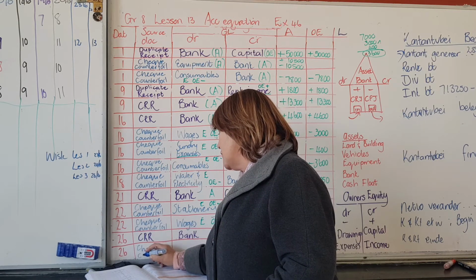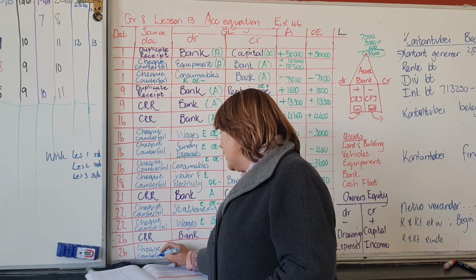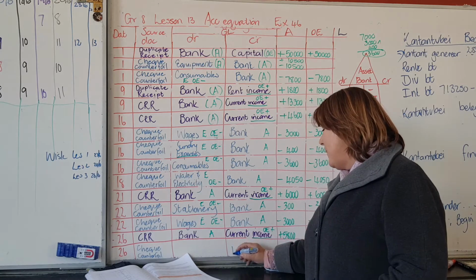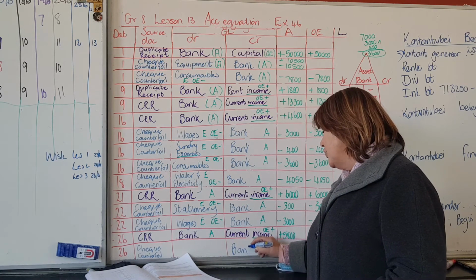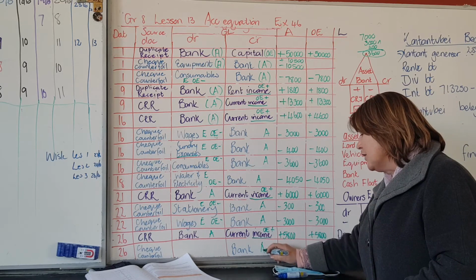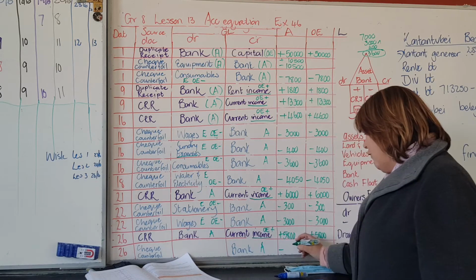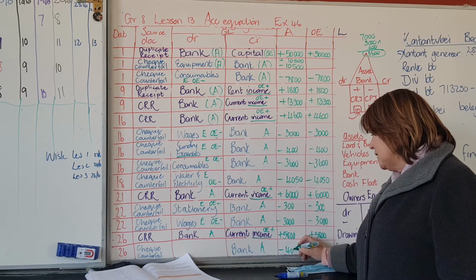So you've got a check counterfoil in your checkbook. Because you made a payment, your bank is going to decrease. Bank is an asset, so your bank's going to decrease with an amount of 400 Rand.